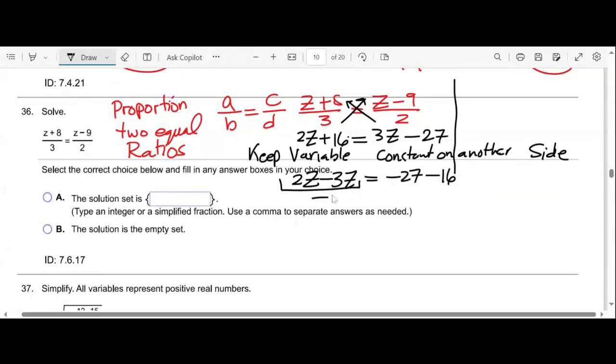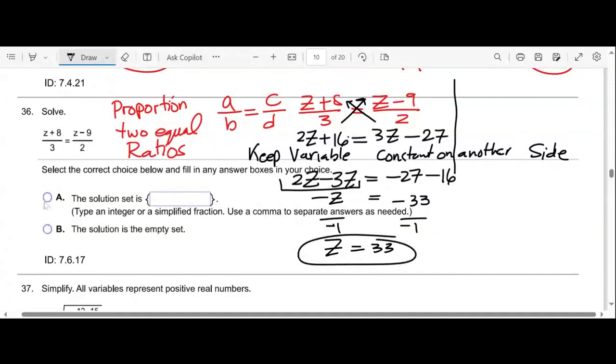Now this together gives you negative z, and this together gives you negative 43. So divide by negative 1 for both sides, so z equals 43. So the answer here, the solution set is 43.